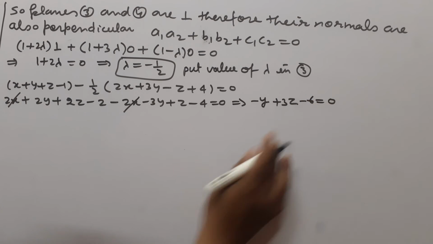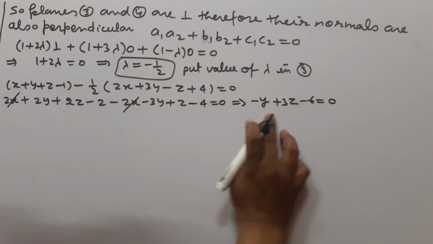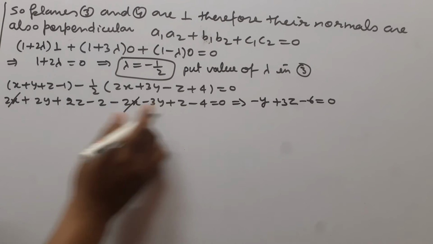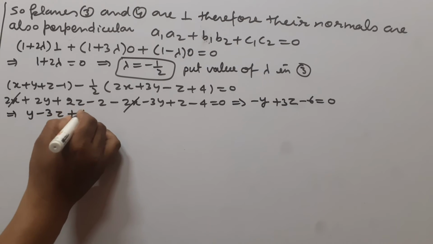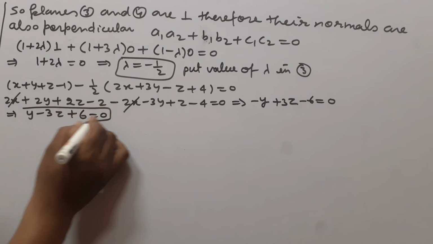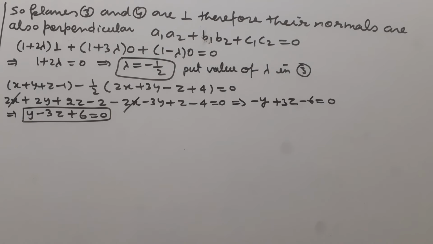So we multiply this equation of plane by minus 1, so we get y minus 3z plus 6 equal to 0. So this is the equation of plane which is parallel to x-axis and also passes through the line of intersection of two given planes P1 and P2.